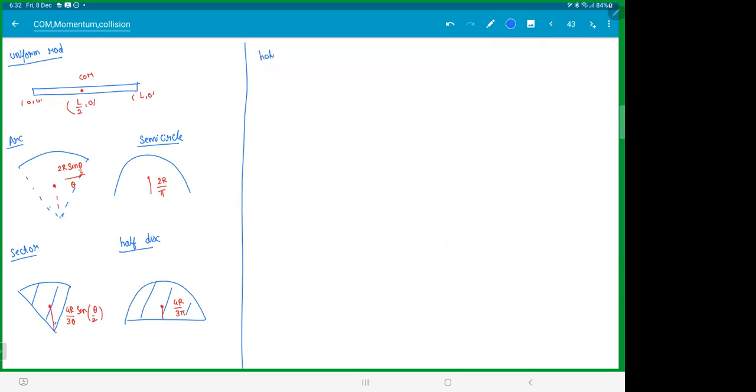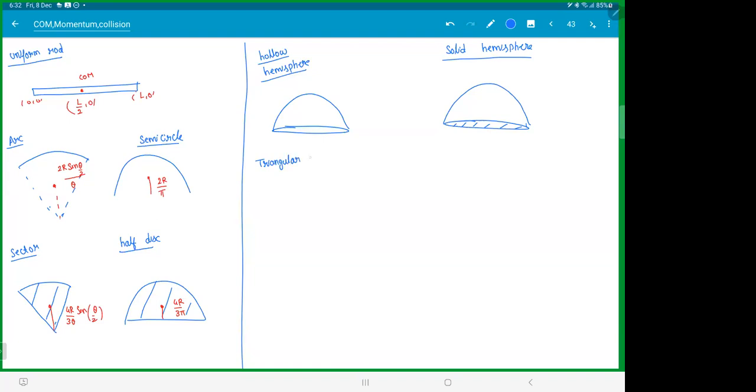And then you have hollow hemisphere. Then we have solid hemisphere. Then we have triangular plate.